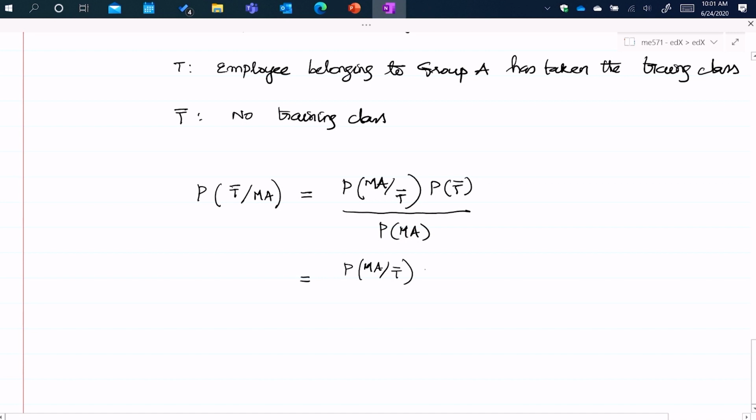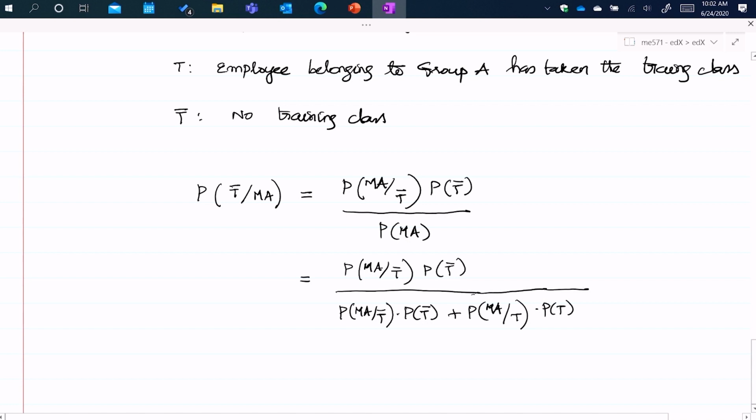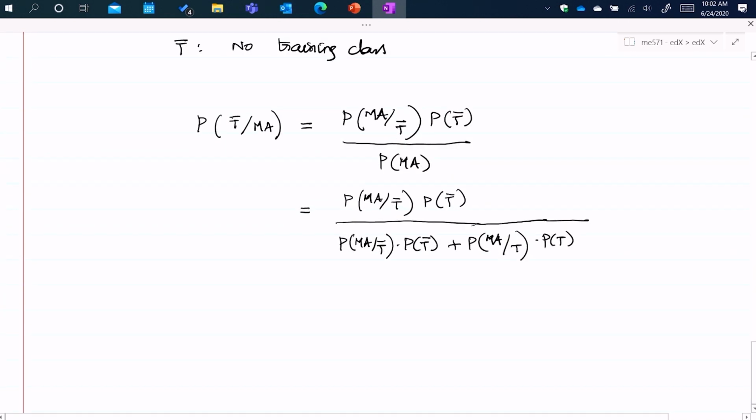So we can write the denominator as probability of MA given no training times probability of no training, plus probability of MA given training times probability of training. These are two disjoint possibilities, and together they give the probability of making a mistake for any member of group A.